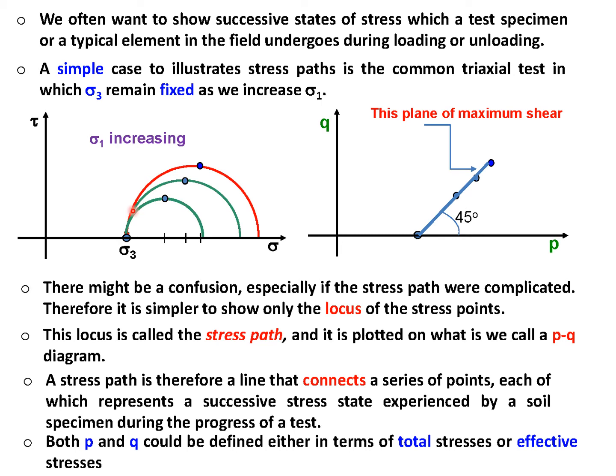So you can see that sigma 3 is fixed, but we are increasing sigma 1. So this is sigma 1 over here. Here sigma 1 is this one, and here sigma 1 is this one. So in this way, we are getting these points. And this is basically a tau versus sigma plot, and here Q versus P. And if you just consider these points, this is the plane of maximum shear.